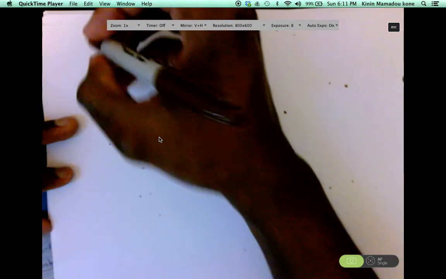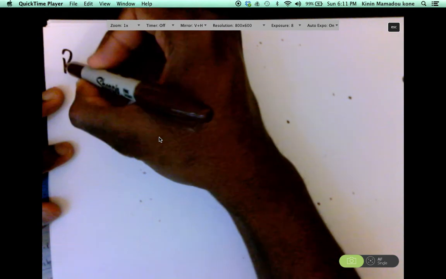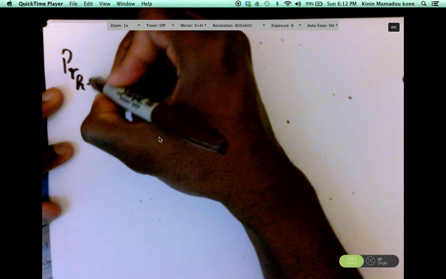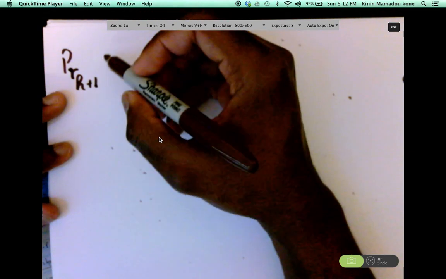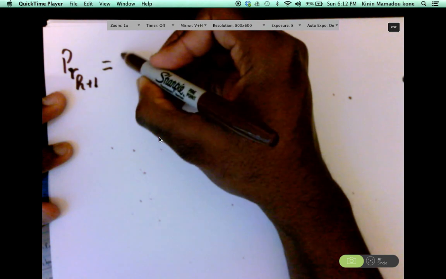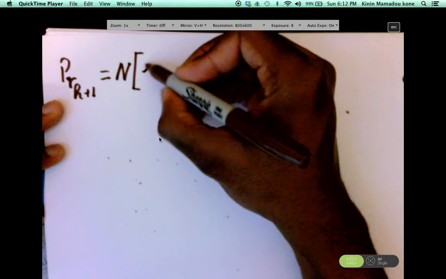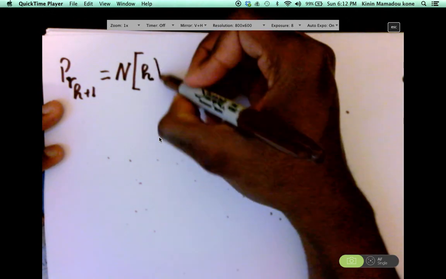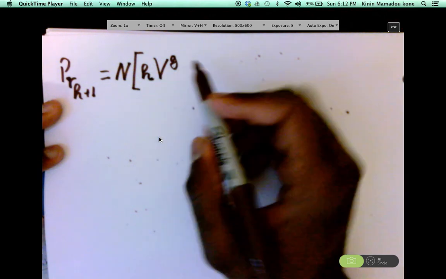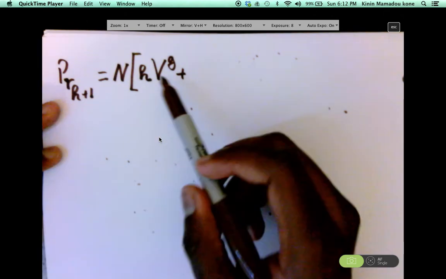If we're looking for the expected value of your profit times N, the number of policies, in the (h+1)th policy year, you do that.